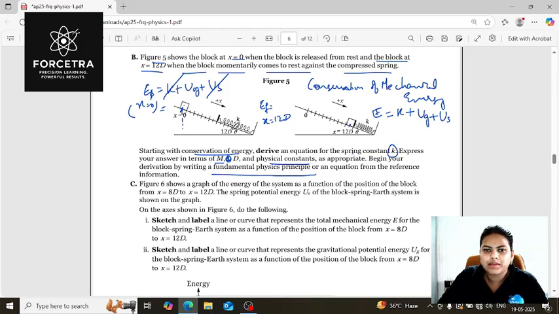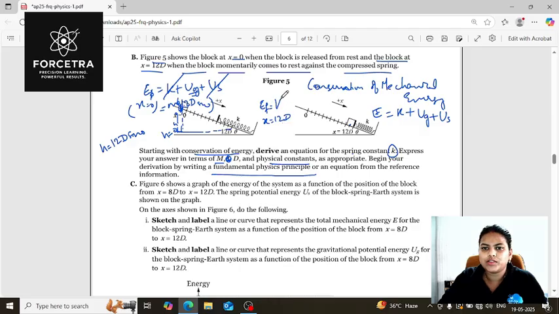This is the reference point, and I am considering H equals 0 at this point 12D. So the height would be 12D times sine theta, and the potential energy would be mgh, with h equal to 12D sine theta.